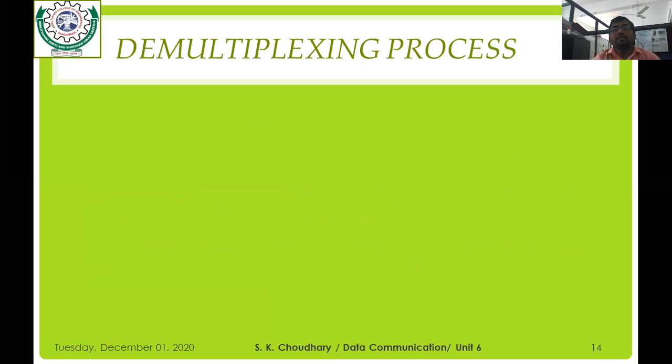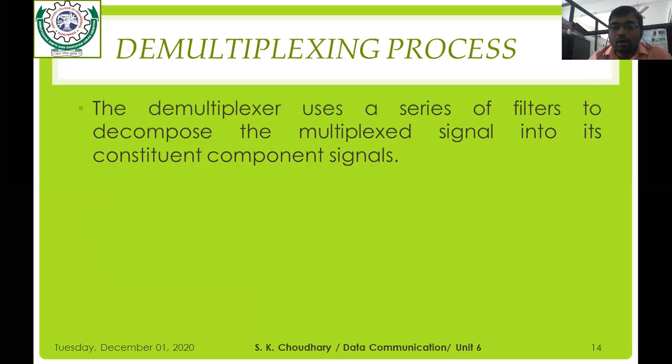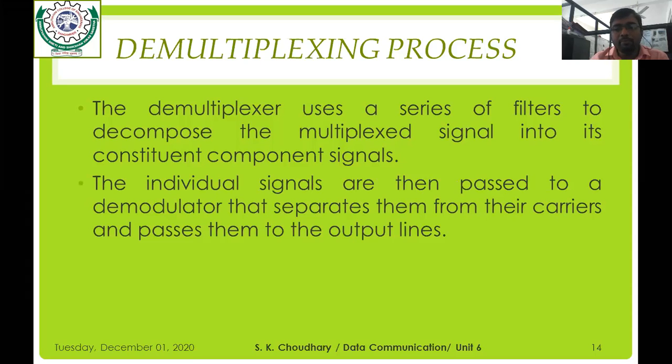And as we have done the multiplexing, we also have to do the opposite process, demultiplexing, of the same signals. The demultiplexer uses a series of filters to decompose the multiplexed signal into its constituent component signals, and every filter is tuned at a different frequency to separate out the different modulated signals with different carrier frequencies.